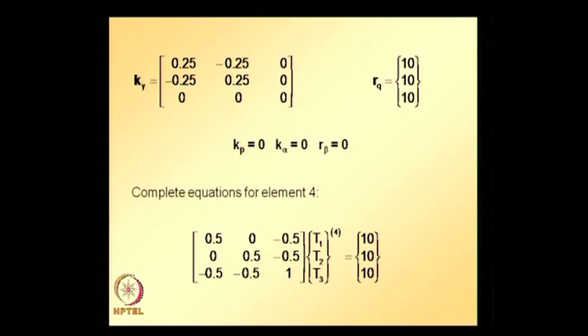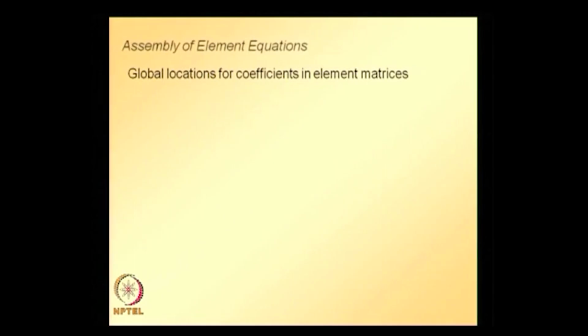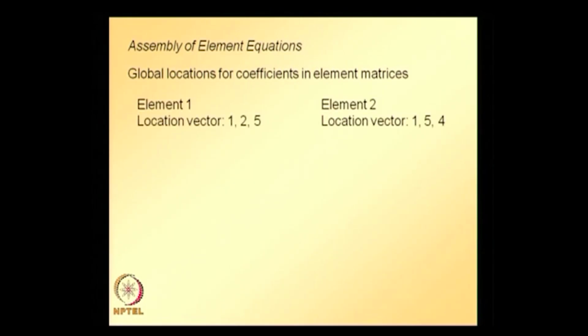So, now we have element equations for elements 1, 2, 3, 4. So, now we need to assemble the global equations. For that we require global location coefficients in the element matrices. So, once again we look at the element connectivity or the nodal connectivity for each of the elements.